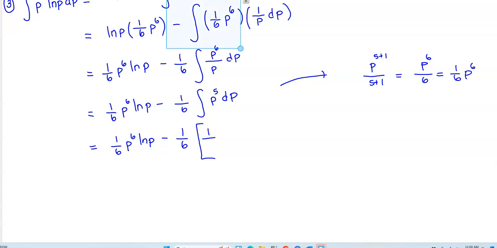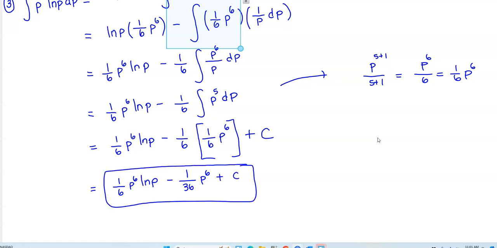So we have 1 over 6 p to the sixth, and then plus c. And so then we get 1 over 6 p to the sixth times the natural log of p minus 1/6 times 1/6, which is 1 over 36 p to the sixth plus c. And therefore there is our result.